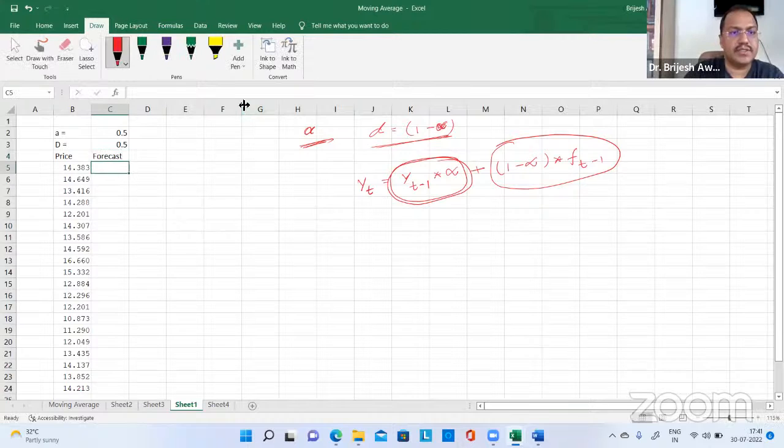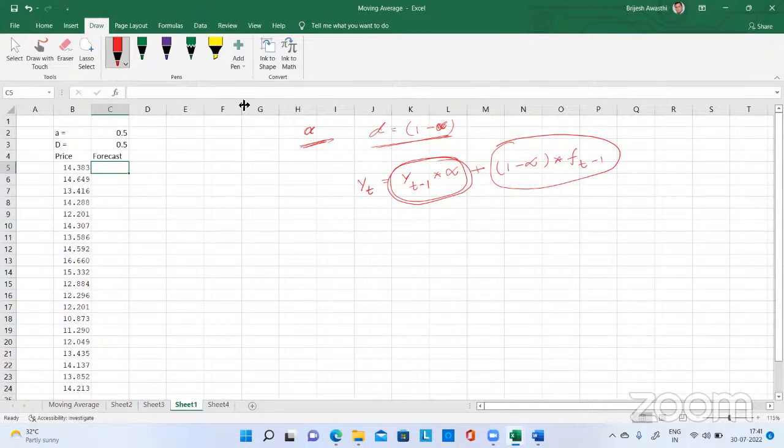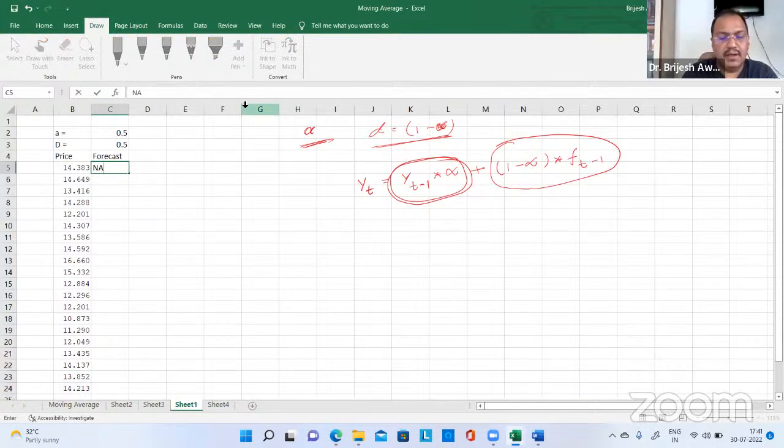In this case, we don't have an idea about the previous forecast, yes or no? Yes, sir, because data is not available at this point of time. But in this case, we have an idea about the previous price.